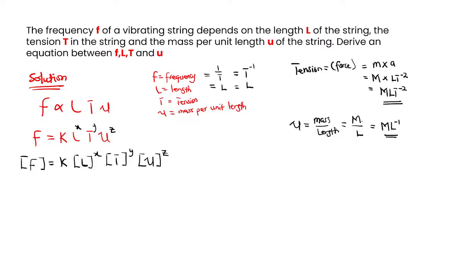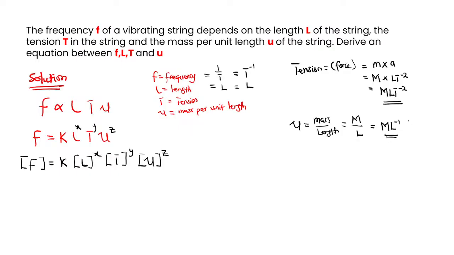So if we look at it so far, the dimensional equation for frequency is T raised to the power -1. For length is just L. For tension, it is MLT raised to the power -2. Then for mass per unit length, or mu, it is ML raised to the power -1.